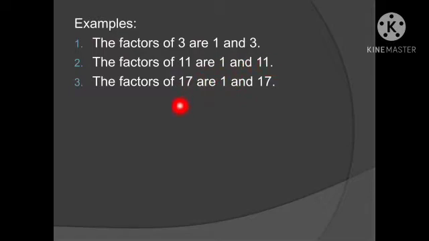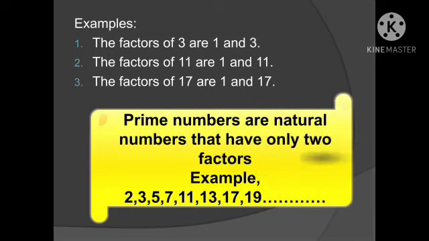The number 17 has only two factors, that is 1 and the number itself. Prime numbers are natural numbers that have only two factors. For example, 2, 3, 5, 7, 11, 13, 17, 19 and it goes on. These numbers have only two factors, that is 1 and the number itself.